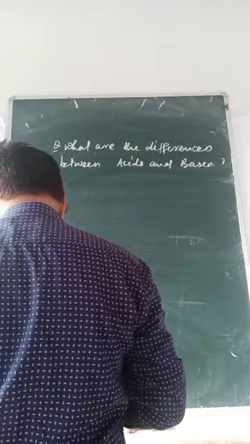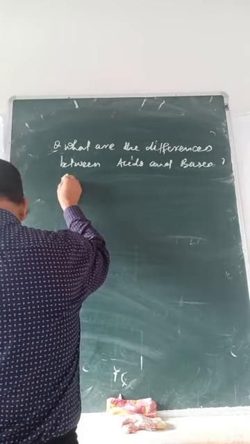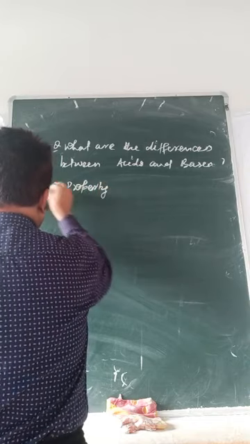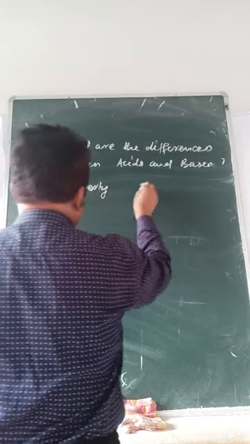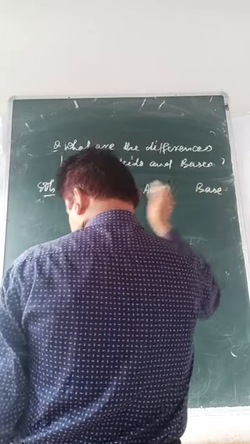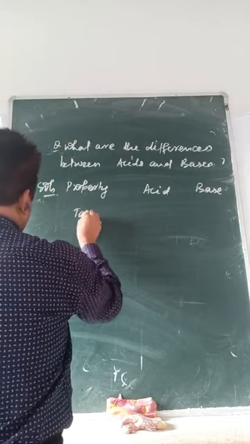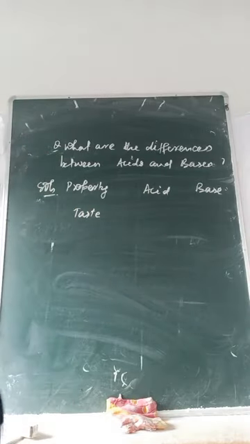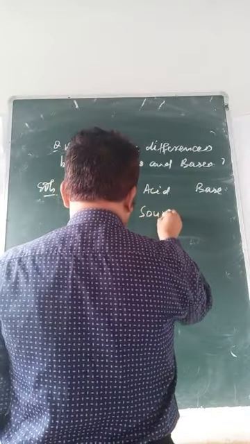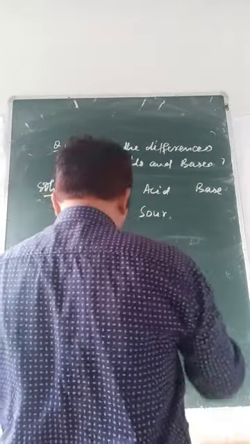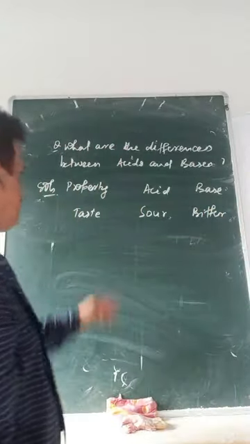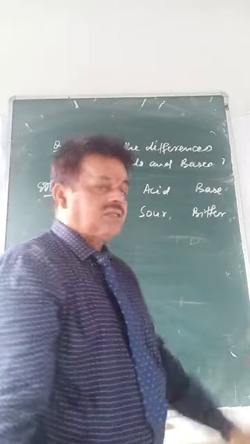So for that you write, one is the property, with acid, with base. Taste. What is the taste of acid? Sour. What is the taste here? Bitter. Taste will be acid sour, base is bitter.